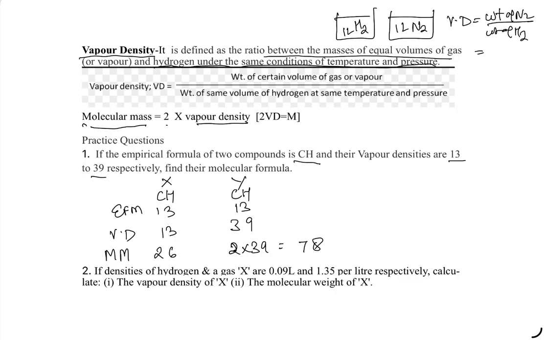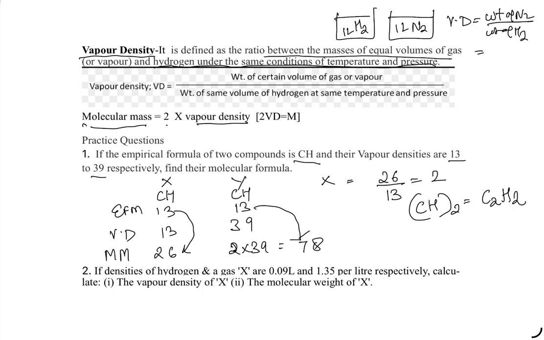Now we have to see the ratio of the empirical formula mass to the molecular mass. If we look at the first gas, which we have assumed as X, the ratio is 2. That means if I multiply the empirical formula CH by 2, I will get the molecular formula.